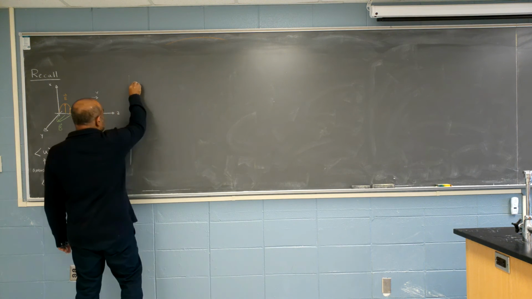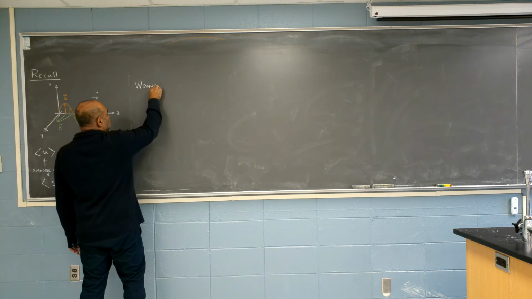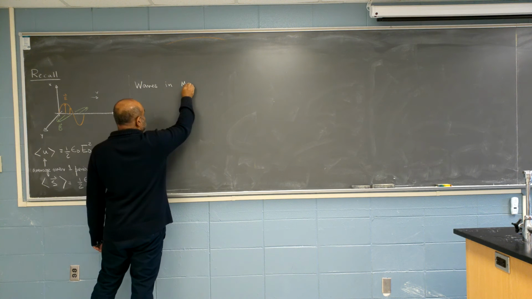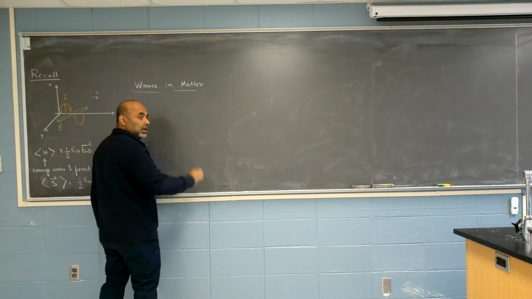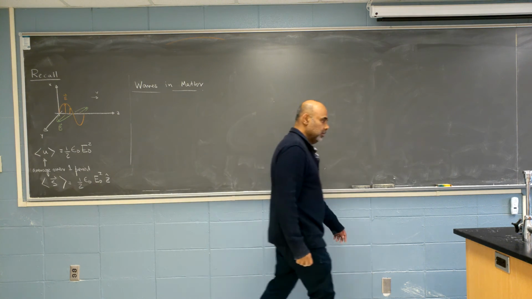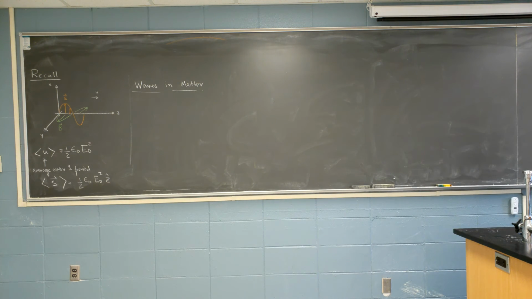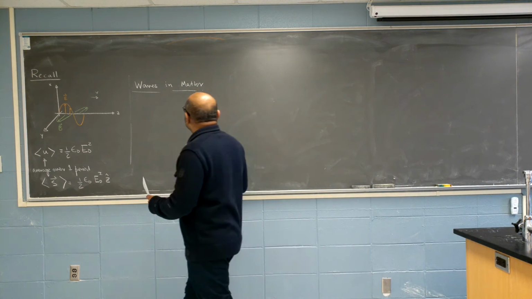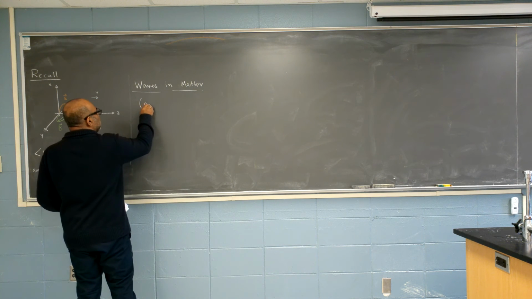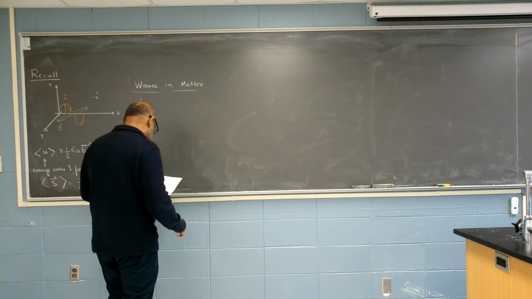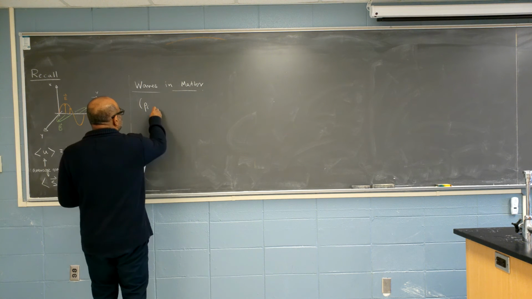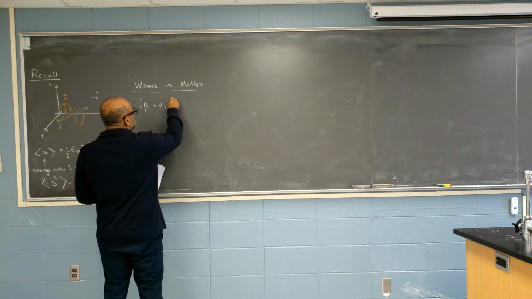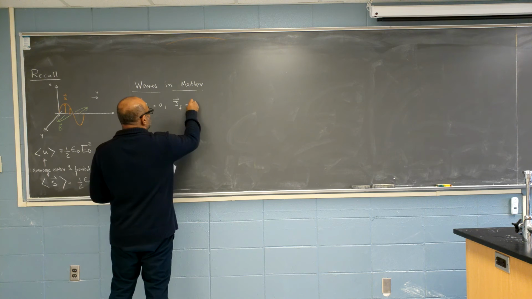What we want to do is get to electromagnetic waves in glass, for example. A linear dielectric. Whenever we talk about this, we have to go back to the drawing board and look at Maxwell's equations. I'm going to assume that rho free is 0 and J free is also 0.